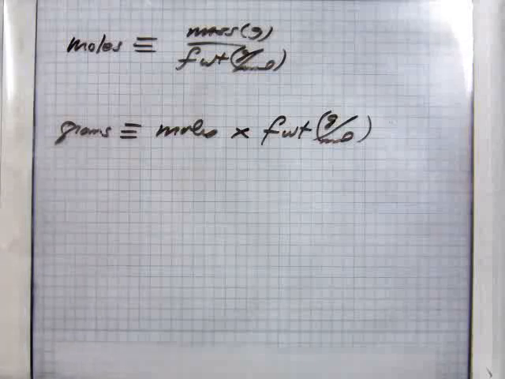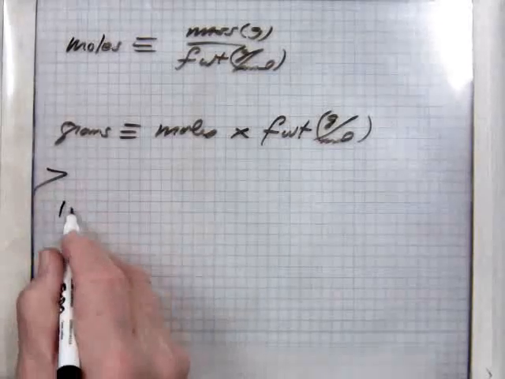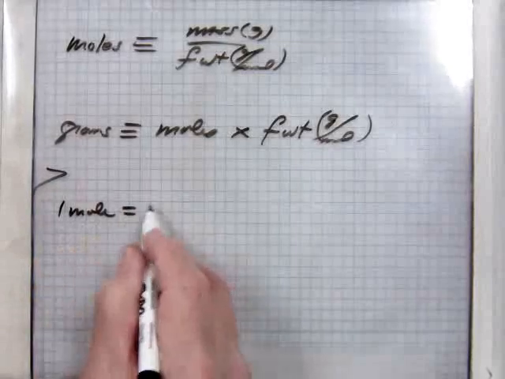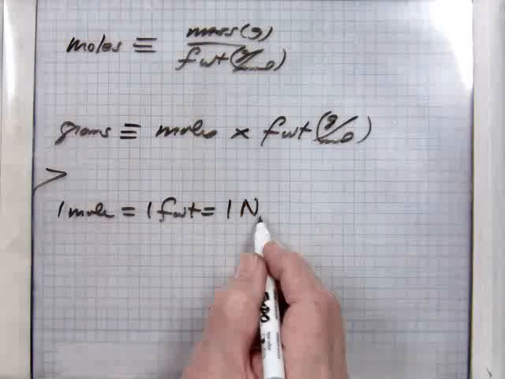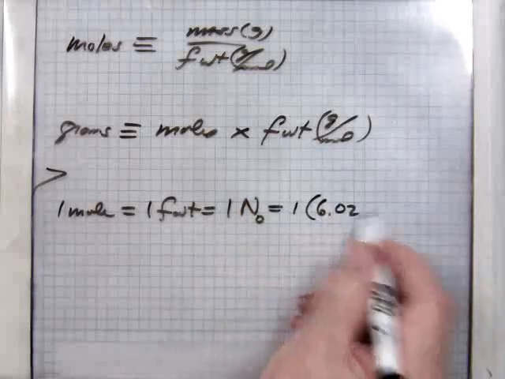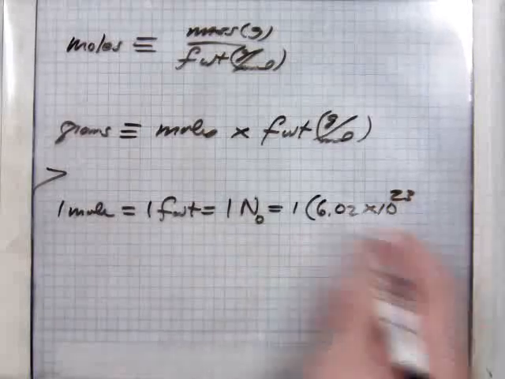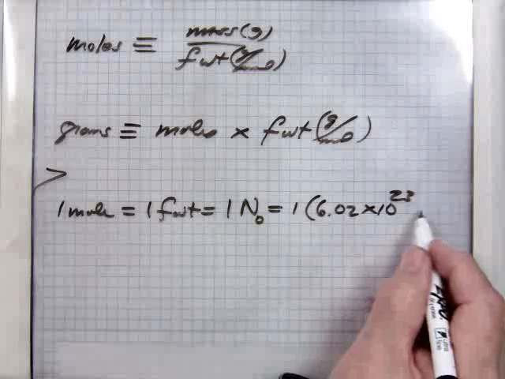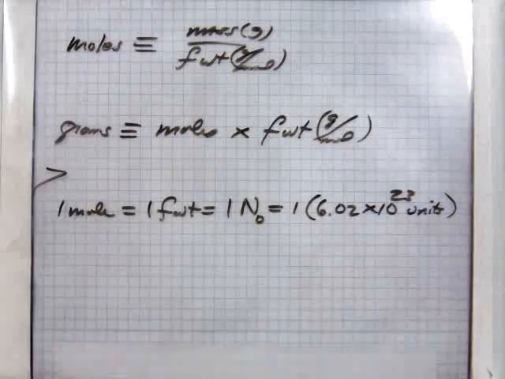So 1 mole equals 1 formula weight, which equals 1 Avogadro's number, which equals 1 times 6.02 times 10 to the 23rd parts or units. So that shows you the entire conversion factor involved in this.